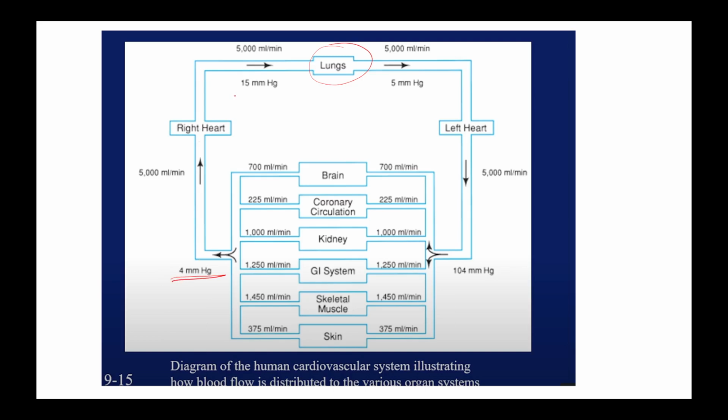From the right heart it goes with a low pressure, 15 mmHg, to the lungs, where it gets oxygenated. It again goes with a 5 mmHg pressure and reaches the left heart, and there the pressure increases when the left ventricle undergoes systole. The average pressure is 104 mmHg, and with that pressure it distributes the blood to the entire body.